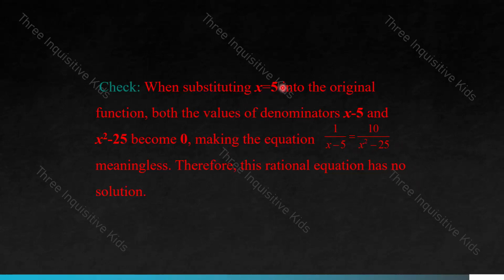Therefore, this rational equation has no solution, because if after you substitute it the denominators become 0, the equation becomes meaningless. So its solution does not exist. This is why it's so important to double check, because there might be a case where after you substitute it in, the denominator becomes 0.